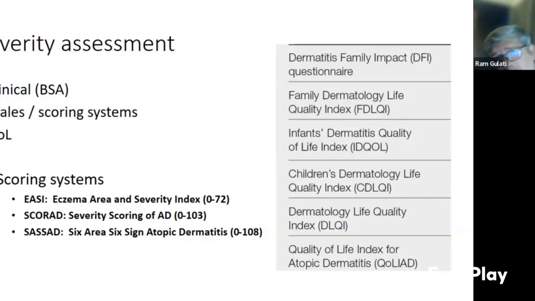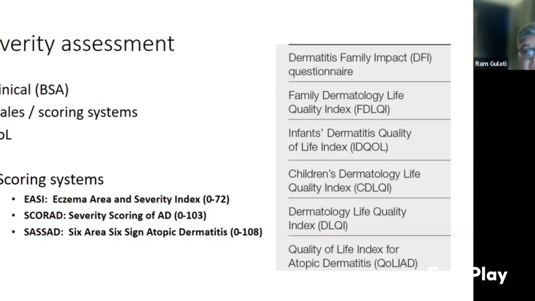If you're looking at the quality of life questionnaires, we used to have the Dermatology Life Quality Index, or DLQI, which is a very generalized life quality index for various dermatological conditions. And then you have a quality of life index for atopic dermatitis, which is specifically aimed at AD.